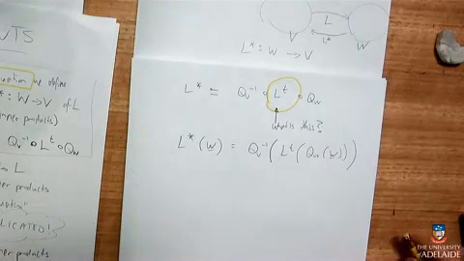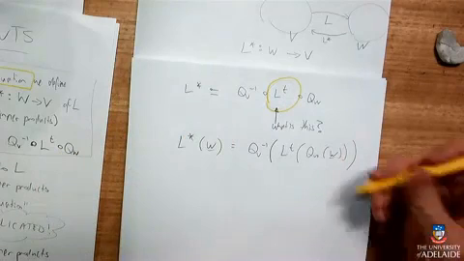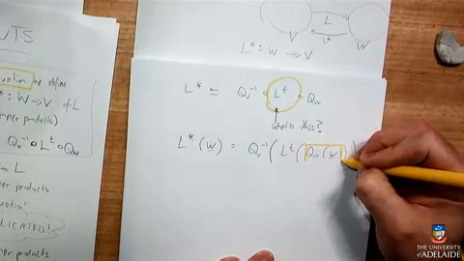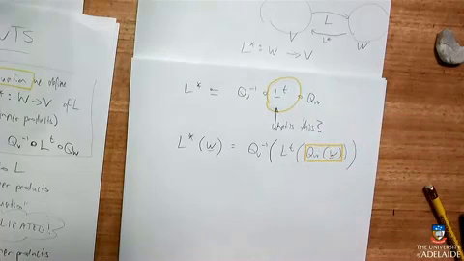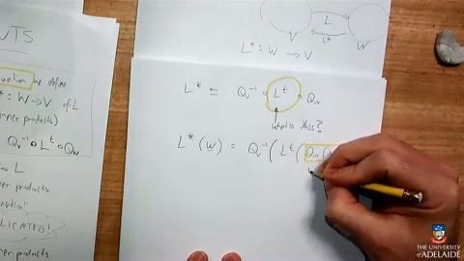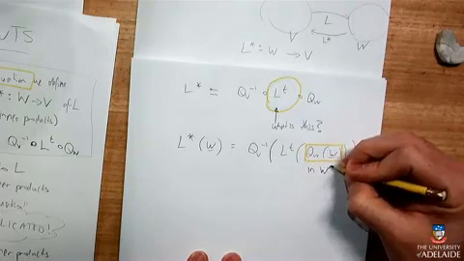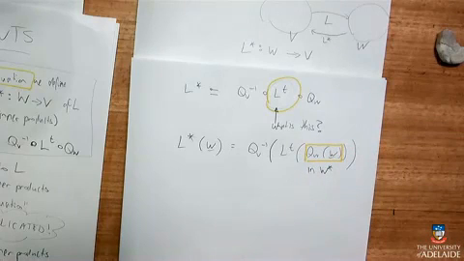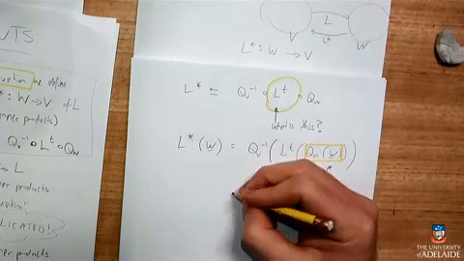And so this thing is a function from W to W star. So Q_W is a function from W to W star, which means this thing here is in W star. Okay? Sweet.